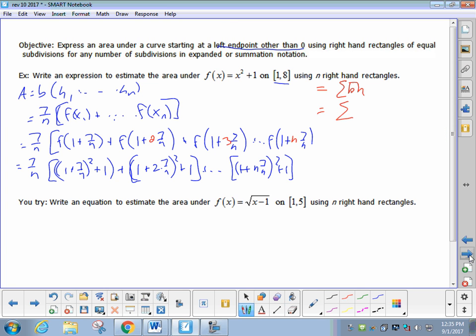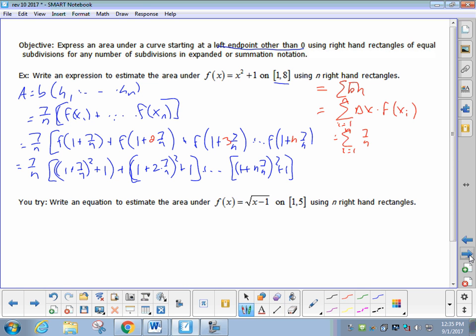I should put delta x here. And the height is still f at some x. Sweet? Starting at, because we're using right hand, we'll go with the first gap over through the last gap over. More specific then, what is delta x in this case? 7 divided by n.